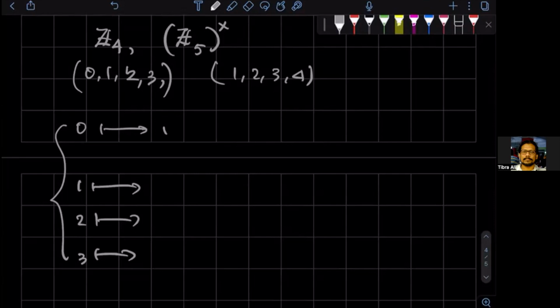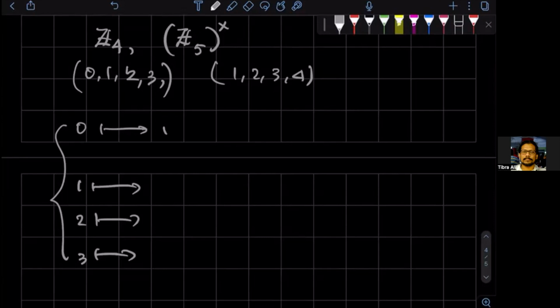You don't have to show that these two different groups are not isomorphic. But if you can manage to identify that group, then you're good to go, right? Yeah, that's what I was thinking as well.